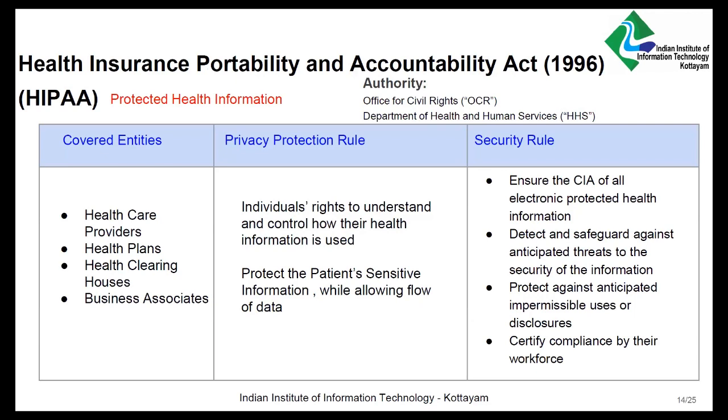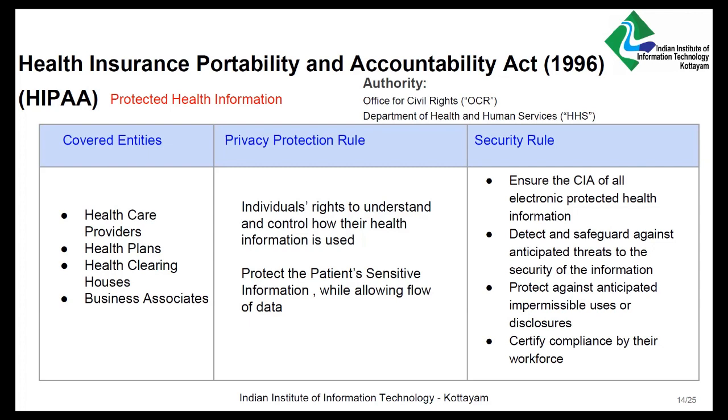Now coming to HIPAA. HIPAA is the Health Insurance Portability and Accountability Act. Do you think that your health information needs to be protected? Yes, right? So HIPAA is a protection act that came into existence in 1996. The covered entities are healthcare providers, health plans, and business associates dealing with health information, or medical representatives, such kinds of entities.